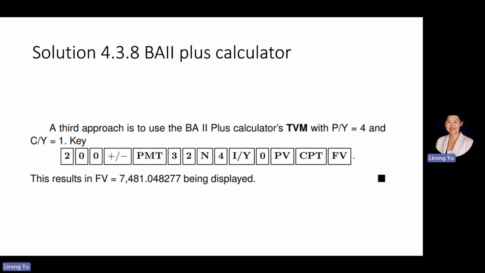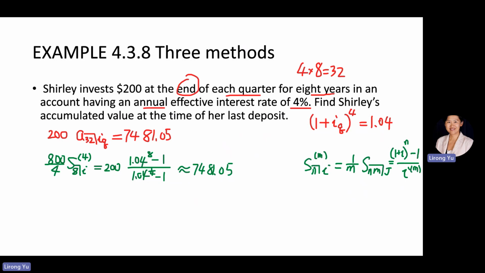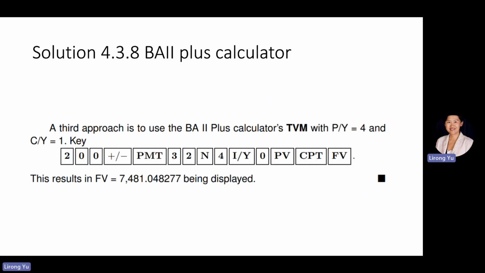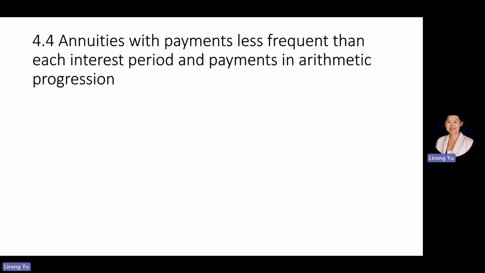With practice, you see the benefit of using the BA II Plus calculator. It allows you to enter payments per year and interest periods per year easily, so the difference between the two becomes natural on that calculator, and we don't even have to write down so many formulas. That is something that takes practice. The more practice questions you do at the end of the chapter, the more likely you start figuring them out.